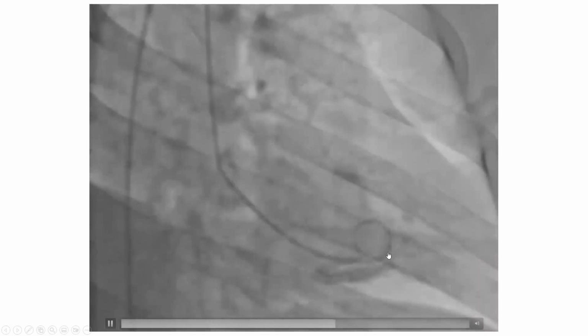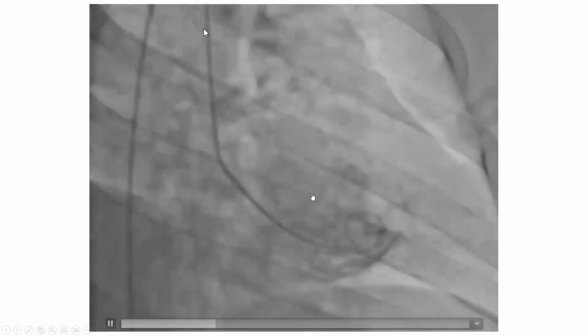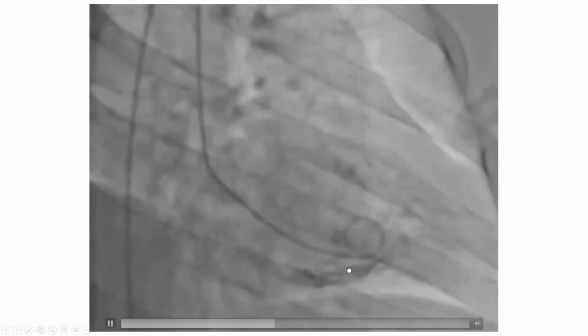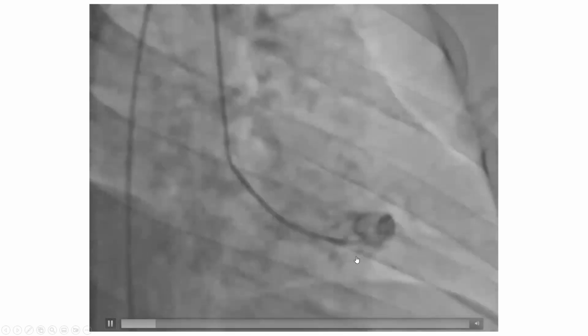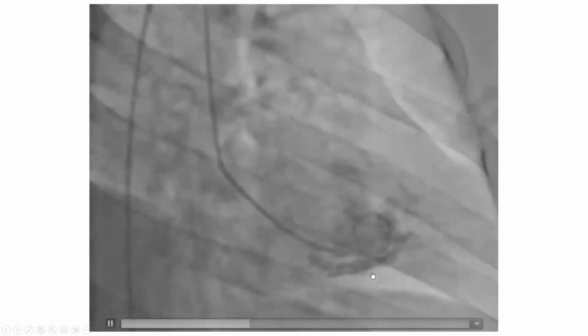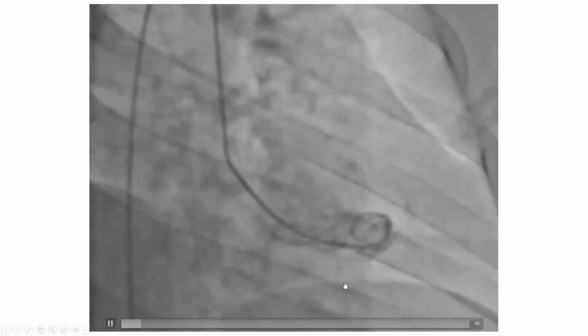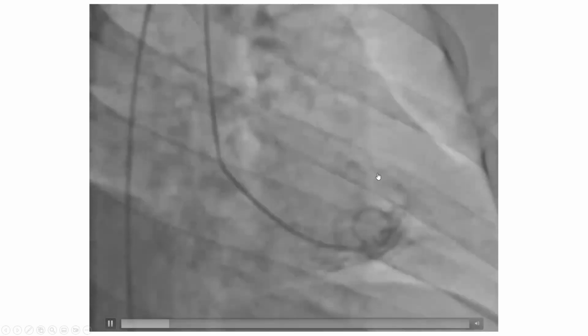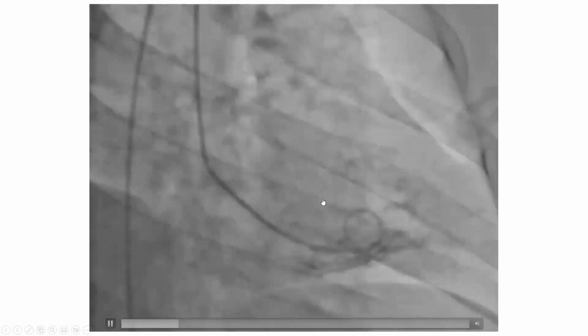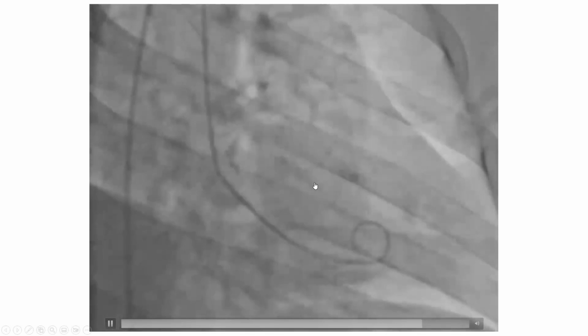But the reason I'm showing this is you can tell which vessel is occluded. That mid-inferior akinesis actually implies obtuse marginal. If it was PDA, it would involve the base and mid-inferior. But this isolated mid-inferior or isolated mid-LV akinesis, whether mid-inferior or mid-central LV akinesis, implies OM.